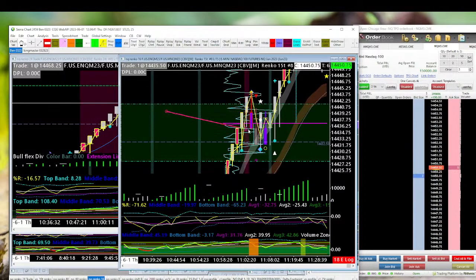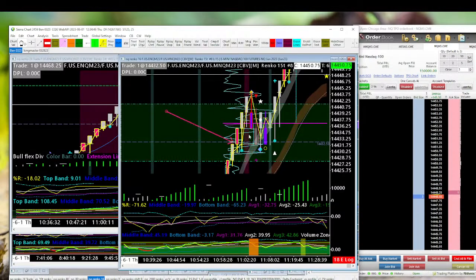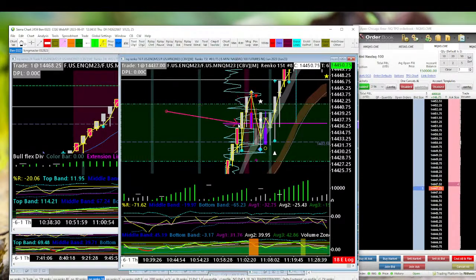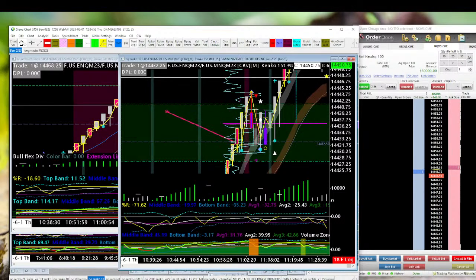Here, here, here. Those little peaks are where most of the volume was. Oh, and here. So if you look at where we traded in that area, it's this to this. That's where all the volume is.